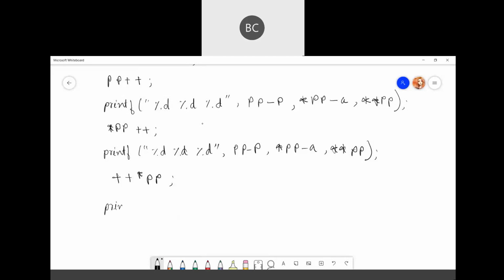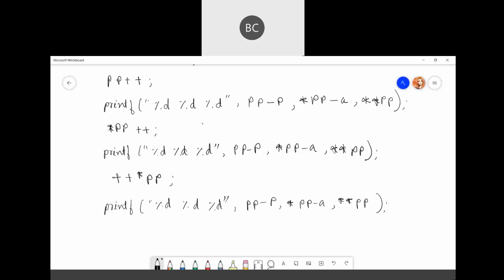Now again I want to print %d, and I want to print the same thing again: pp minus p, pp minus a, and pointer pp.